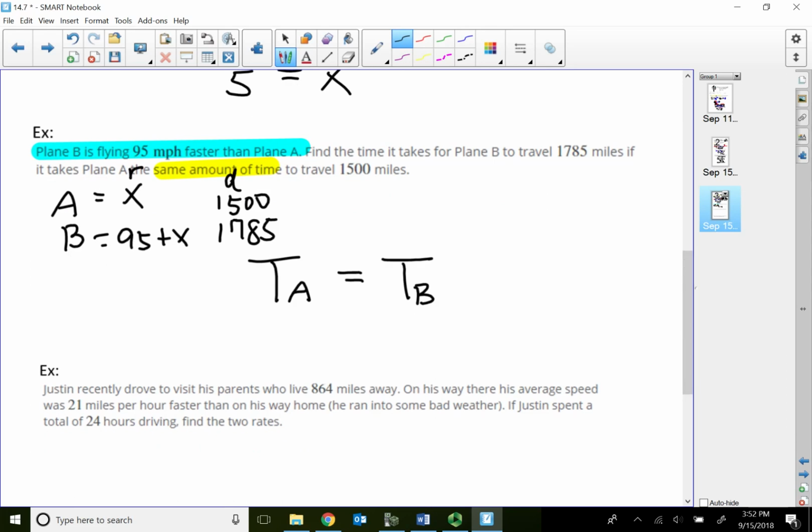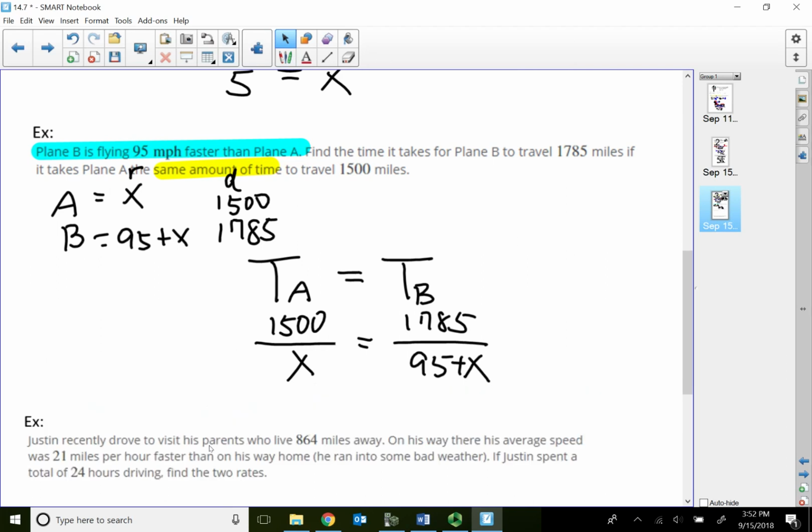So let's take a look. The time it takes for plane A to travel 1500 miles is distance over rate x, set equal to the time it takes for plane B to go 1785, distance over rate. That's how we set up using the concept of time.